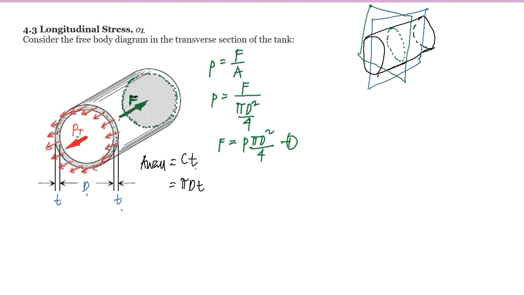Now, for the PT, the longitudinal stress is equal to the force, PT, over the area, and that area is the area of the wall, the one at the front. So the longitudinal stress is equal to PT over the area of the wall, pi dt.